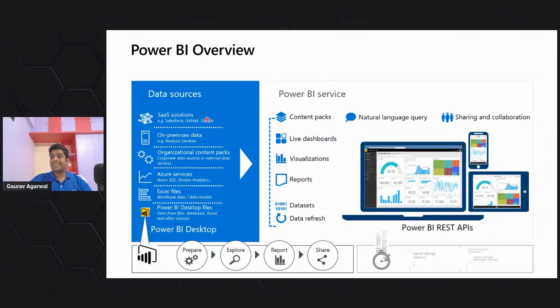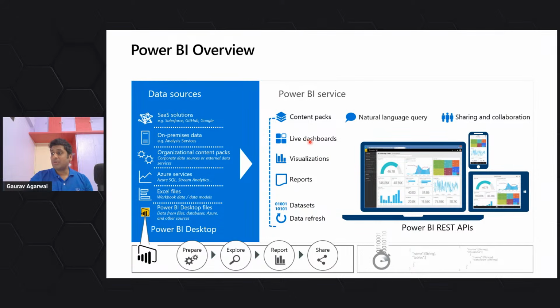Once you connect to these data sources, you build a model using Power BI Desktop. Now building a model depends on the complexity of your data: how complex is your data, where your data is coming from, and what type of storage mode you're going to use. Then you basically build a data model. And once you build your data model, you deploy it onto the Power BI service. Now the service is nothing but your capacity where you deploy these reports.